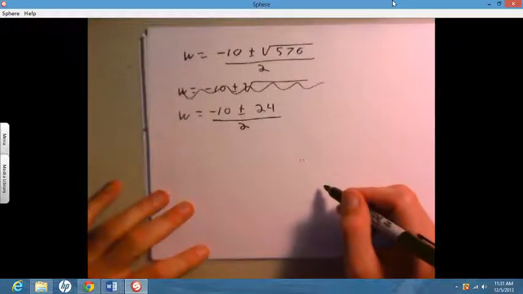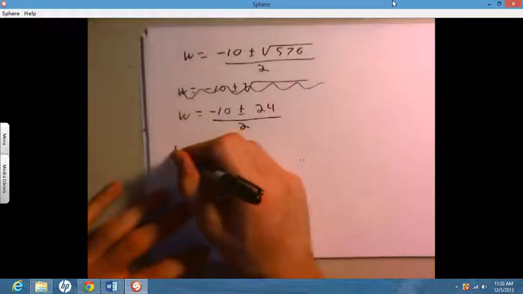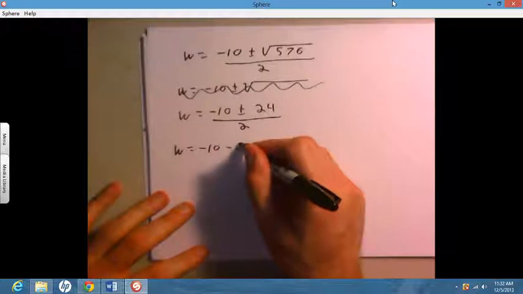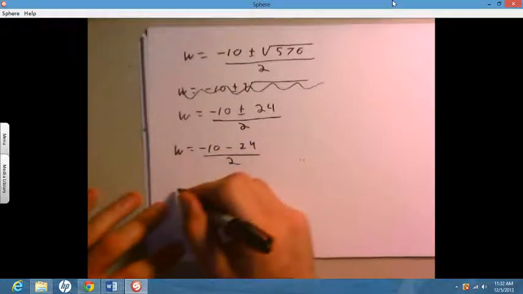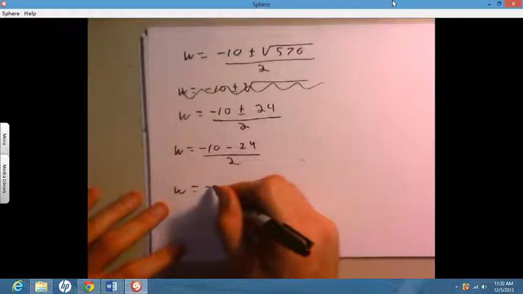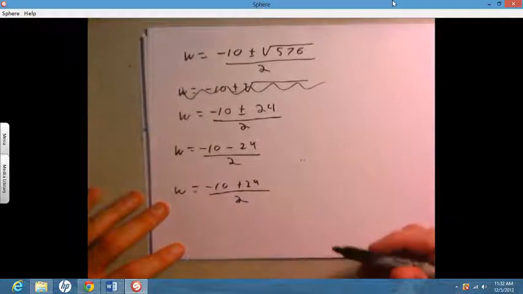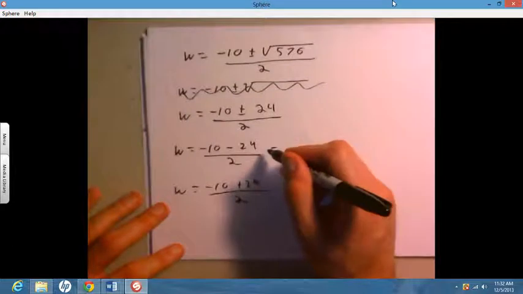And so we have two possible answers: w is equal to negative 10 minus 24 all over 2, and w is equal to negative 10 plus 24 divided by 2, right?